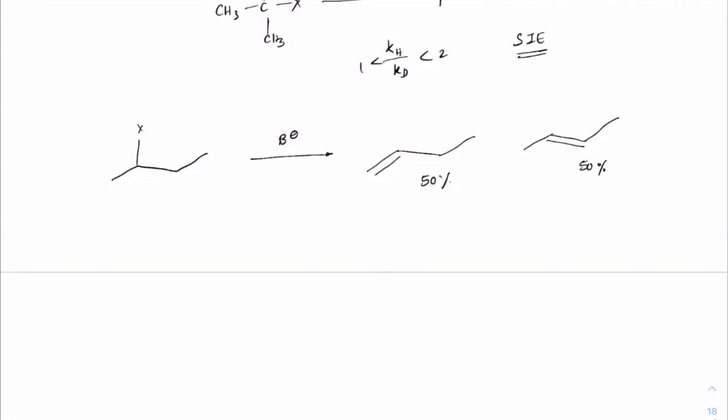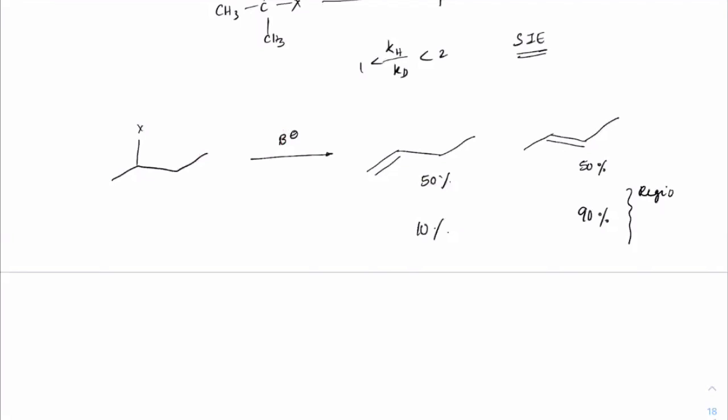But on the other hand, if the same thing has come out to be, let's say, this 10%, and this 90% as the final product, then we say the mechanism is very choosy. That means base is very choosy, that most of the time it is attacking here only. That's why the product we are getting is what we call regioselective.